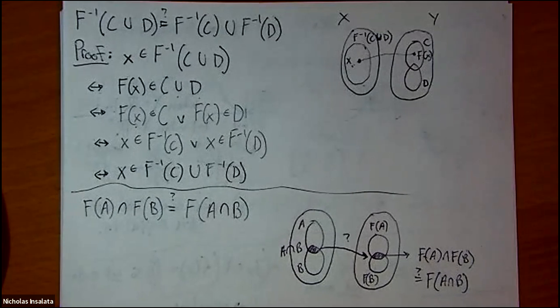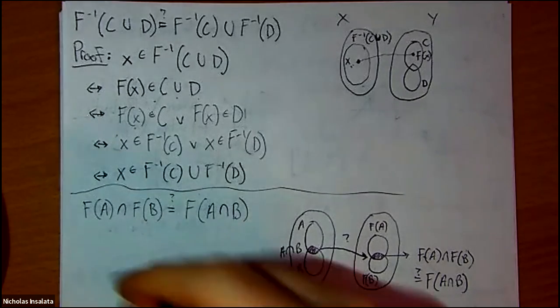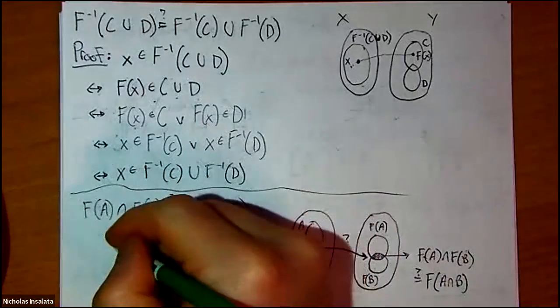Okay, so anyone think of a counterexample? Okay. So A is 1, 2, B is 1, 3.